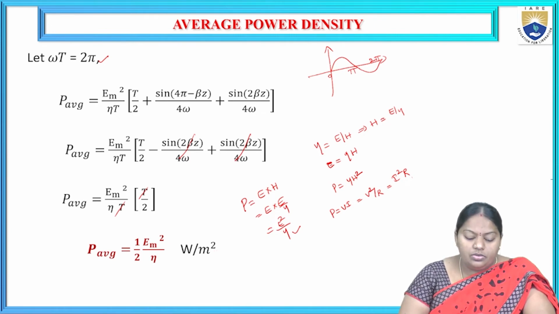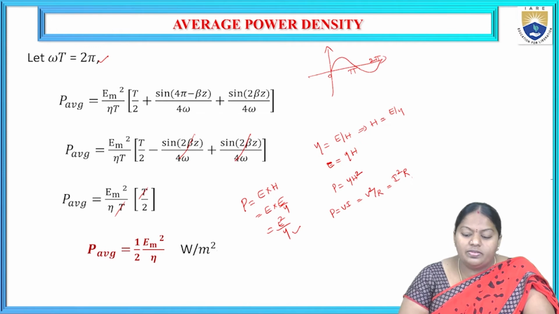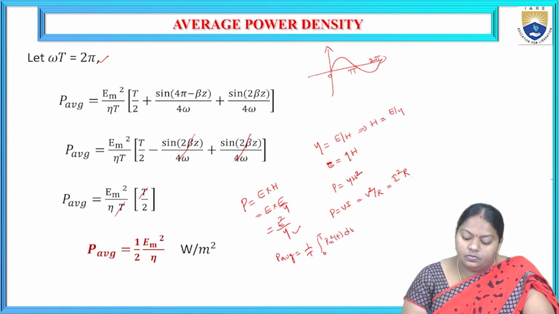Okay. So, now to derive the average power density, we must first consider the general average power density formula, that is P average is equal to 1 by T integral 0 to T of Pm square of T dt. Right?